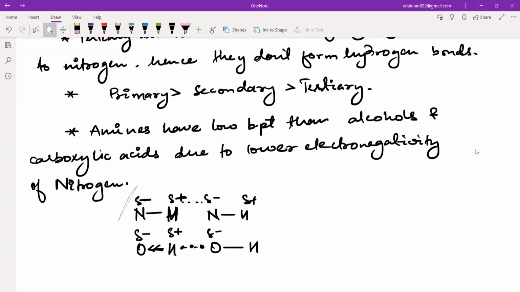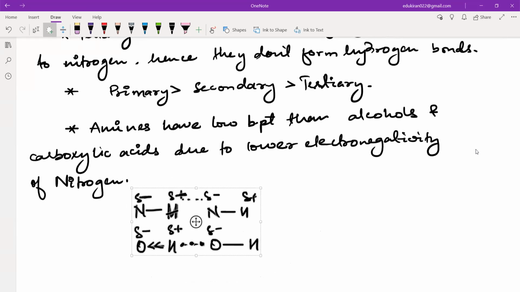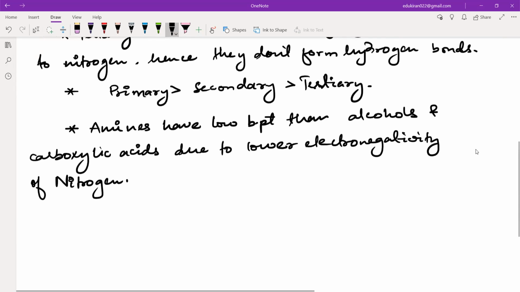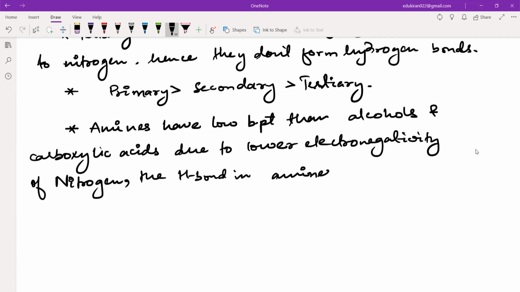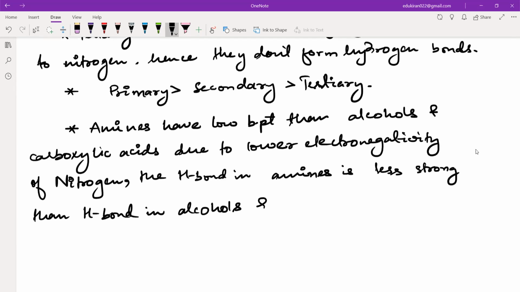That is why, due to the lower electronegativity of nitrogen, the H bond in amines is less strong than the hydrogen bond in alcohols and carboxylic acids.